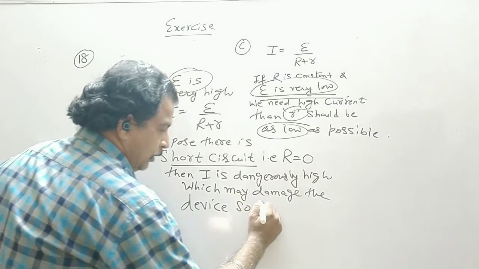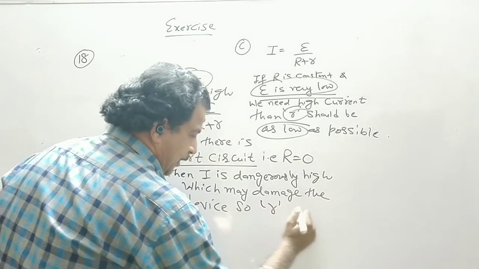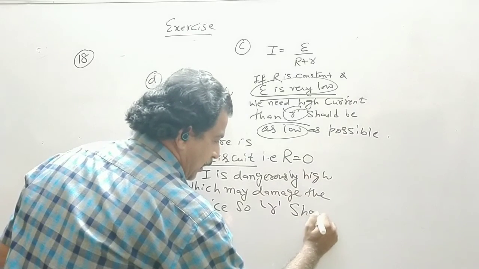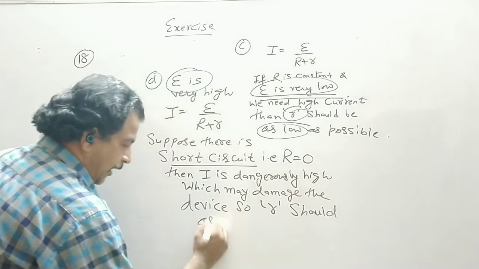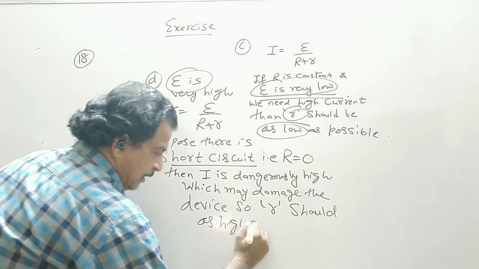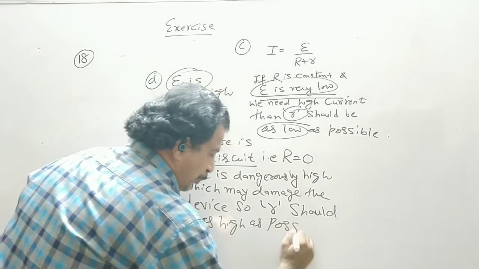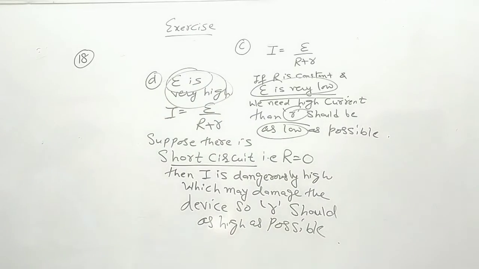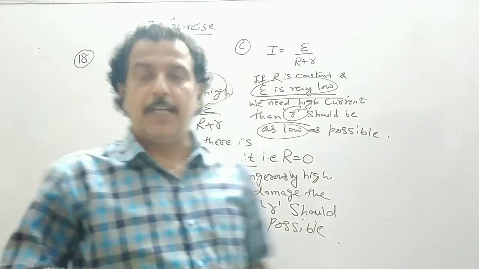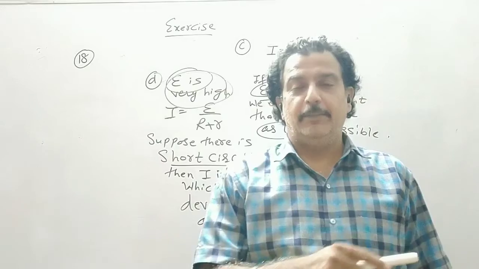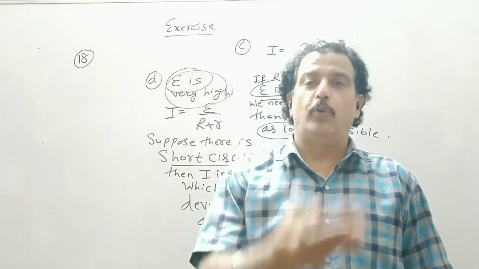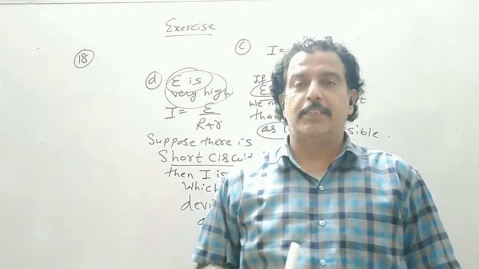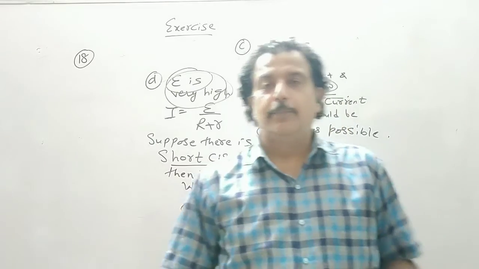So internal resistance r should be as high as possible. So you have to remember, if it is a high tension supply, the internal resistance should be high, and if EMF is low and you need more current, then the internal resistance should be as low as possible.